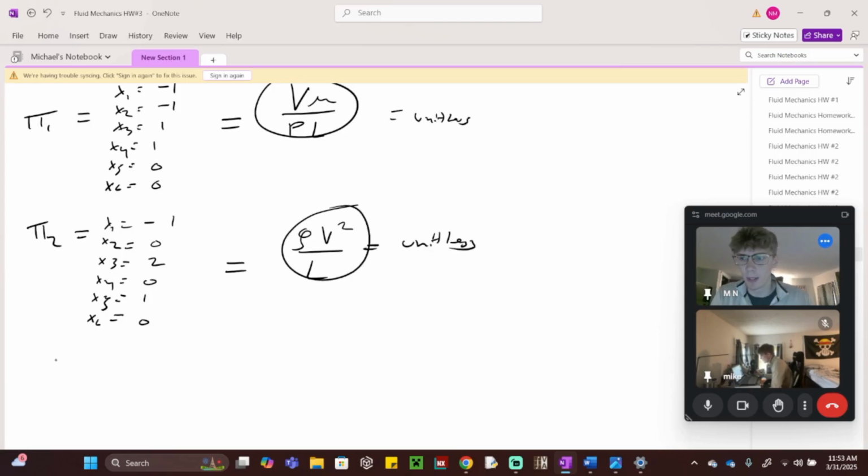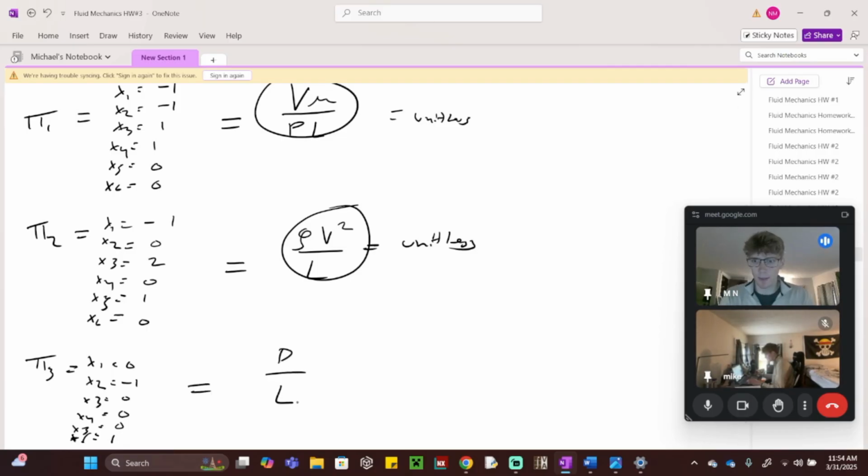So this is our pi 2. And of course our pi 3: zero, negative 1, 0, 0, 0, 1. So this is equal to d over L, which once again is unitless.